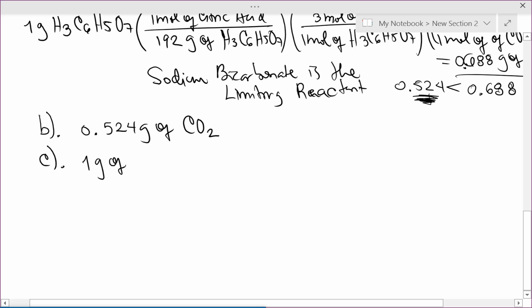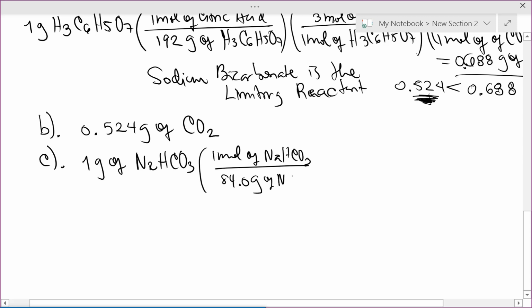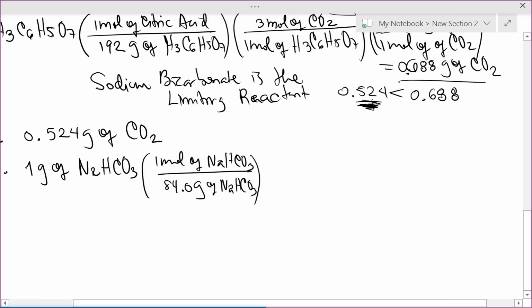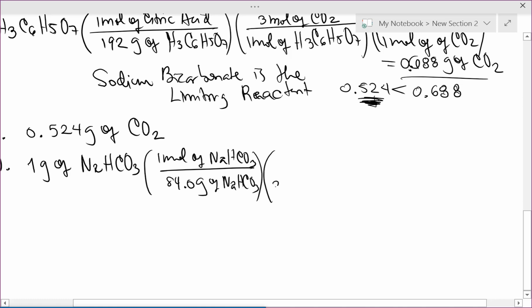So 1 gram of sodium bicarbonate, NaHCO3, so 1 mole of NaHCO3, we have 84.0 grams of NaHCO3, per 3 moles of NaHCO3, we have 1 mole of H3C6H5O7. We cancel these units out.